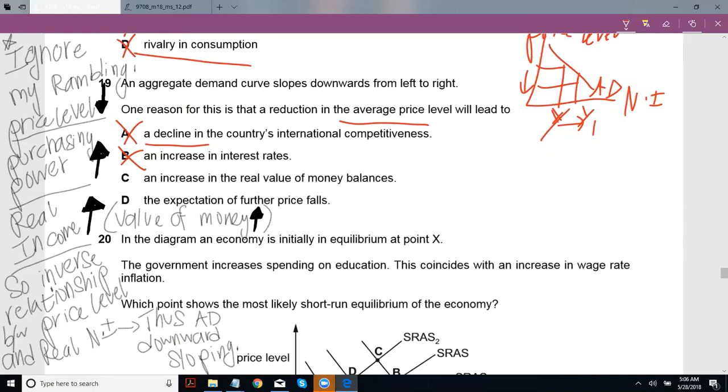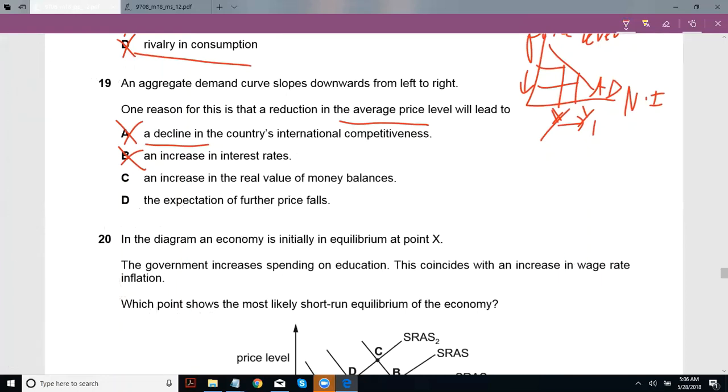An increase in the real value of money balances. That does happen. If the average price level goes down, if prices go down, inflation goes down, then the real value of money definitely goes up.